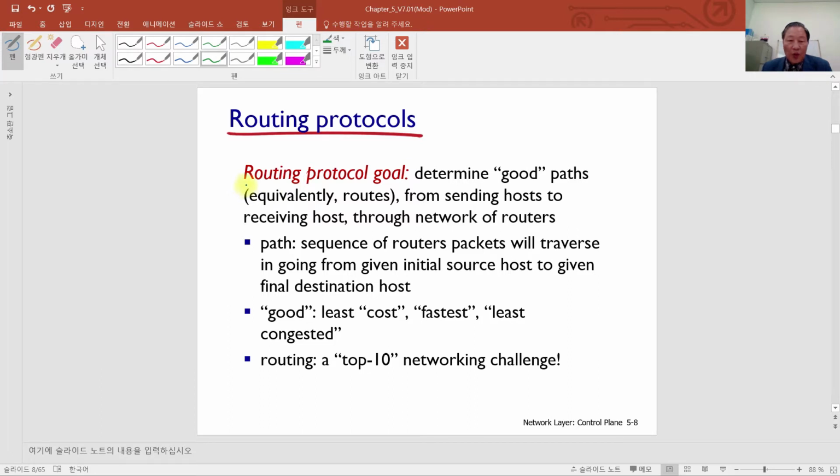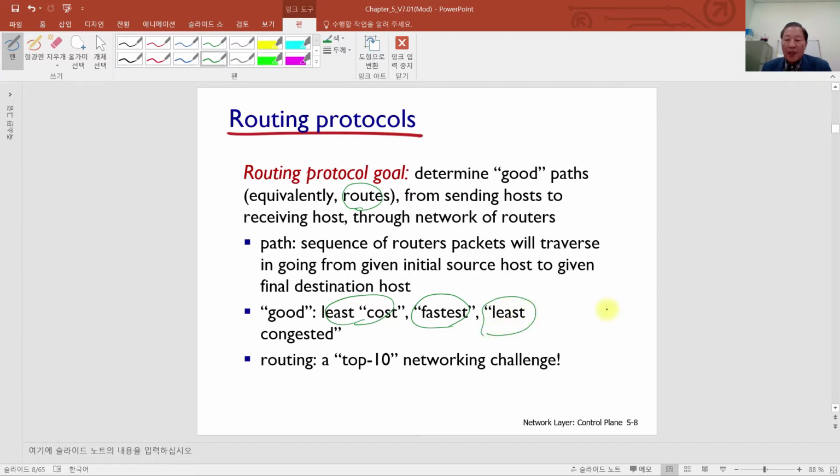This routing protocol's goal is to determine good paths. Good path means, as we learn, least cost, fastest, or least congested in terms of computer network terminology.